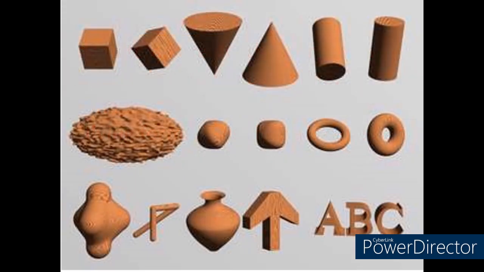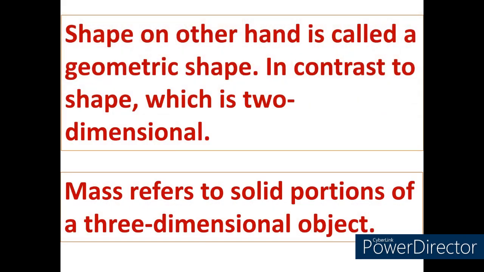These are examples of different shapes. We have two-dimensional and three-dimensional. A shape based on geometry is called a geometric shape. In contrast to shape, which is two-dimensional, mass refers to the solid portion of a three-dimensional object.